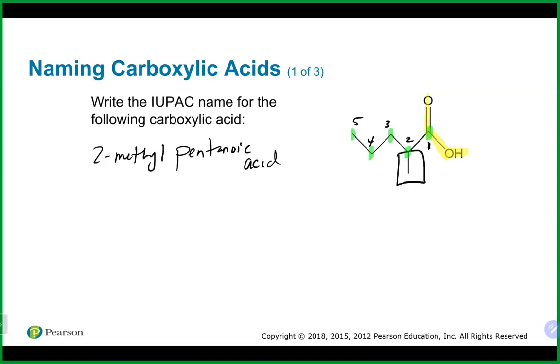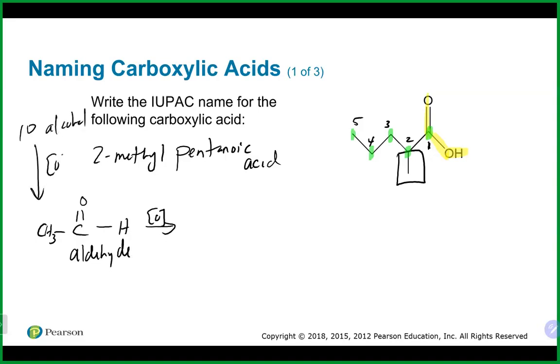Also, a reminder of how we get to a carboxylic acid. We've talked about, so a reminder that we get to a carboxylic acid really through the oxidation of an aldehyde, right? And we get to an aldehyde through the oxidation of a primary alcohol, right? So our primary alcohol gets oxidized to here.